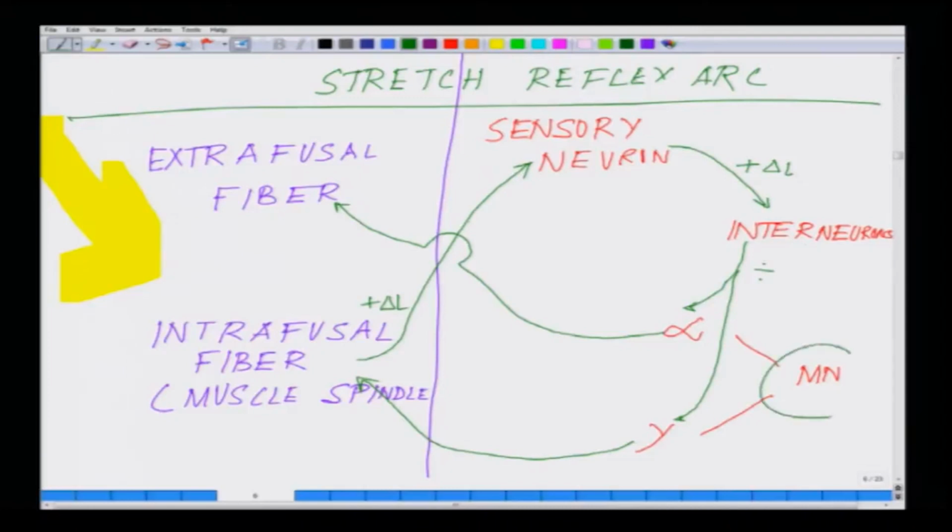The motor neuron does a series of computations and sends a signal minus delta L prime, which is the change in the length of the muscle spindle, and minus delta L, which is the change in the length of the extrafusal fiber, and brings it back. So, essentially plus delta L and plus delta L prime are the two sets of information which are coded and sent to the sensory neuron.